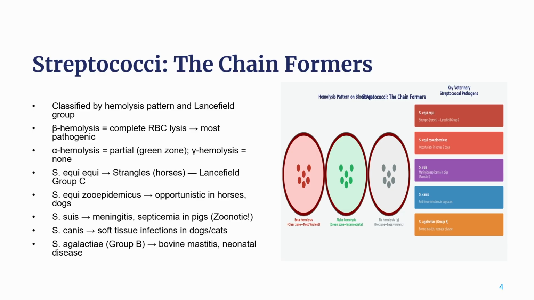It's so well adapted to horses that it has essentially lost the ability to survive outside the host, but it spreads efficiently through direct contact and fomites within a herd. S. suis in pigs is worth flagging as a zoonosis. Farm workers and veterinarians can develop meningitis from exposure. That's a serious clinical and occupational health concern.